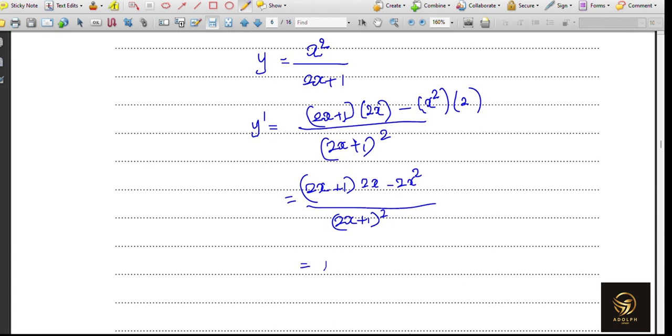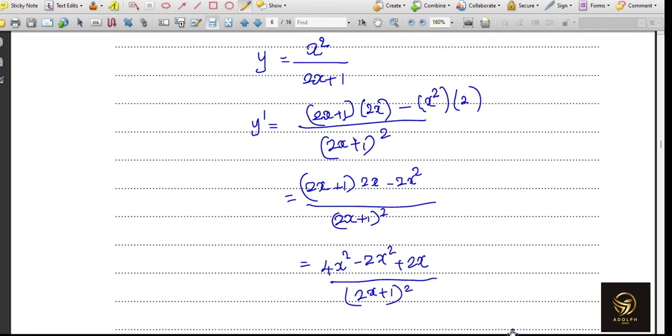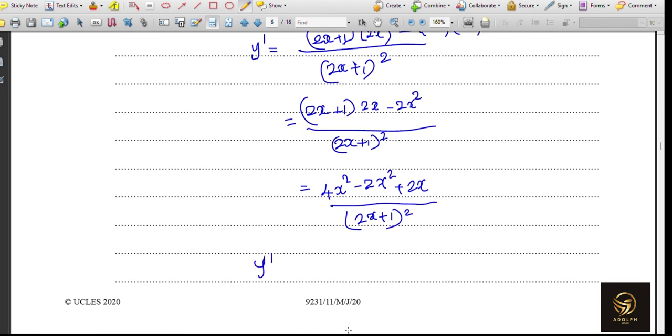You will get 4x squared minus 2x squared plus 2x, whole divided by 2x plus 1 whole squared. Then y dash is 2x squared plus 2x, and 2x is common, so if you take it out, 2x into x plus 1, whole divided by 2x plus 1 whole squared.